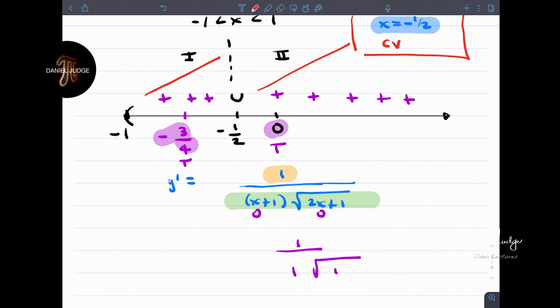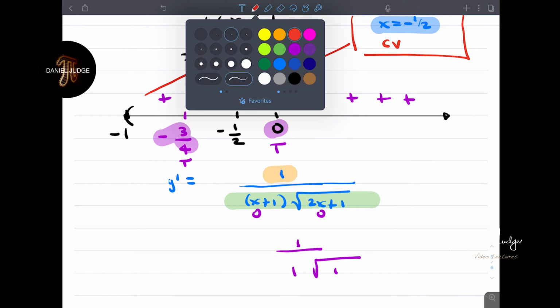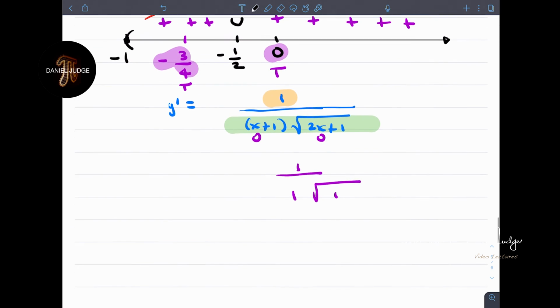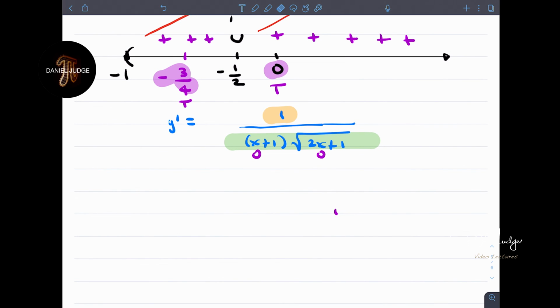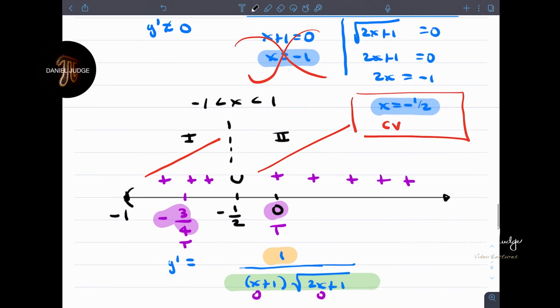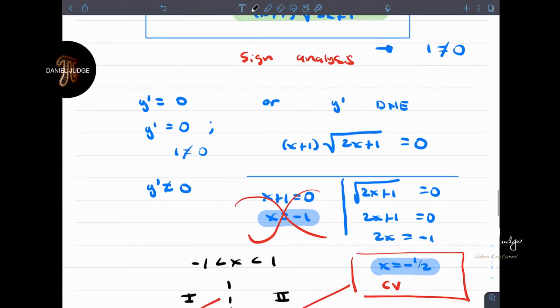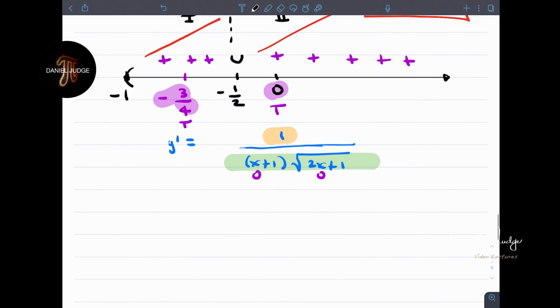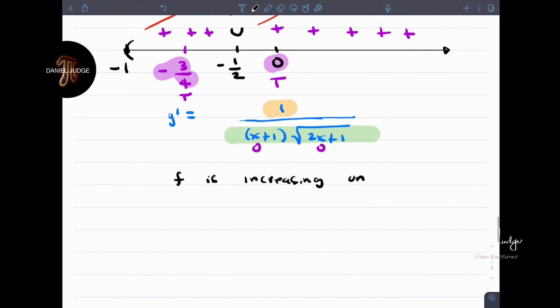So if we look at this conclusion here, here's what we can say. I'm going to erase this here. Your curve f is increasing on the interval from negative 1 up to negative 1/2, union negative 1/2 forever.